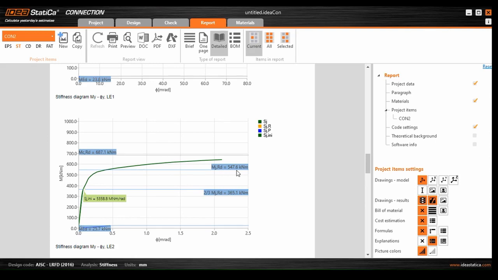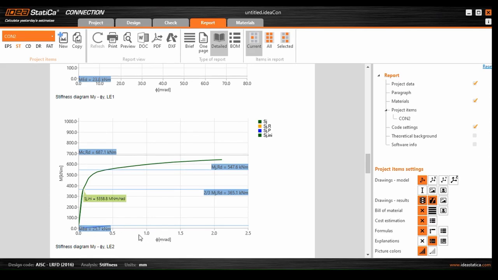Okay, in order to derive SJ initial here, the initial stiffness of the connection, we multiply MJRD by 2/3. Then we draw a horizontal line from the vertical axis at the limit of 2/3 MJRD to meet the diagram, and then we draw a vertical line from the intersection point here to read the rotation on the horizontal axis.